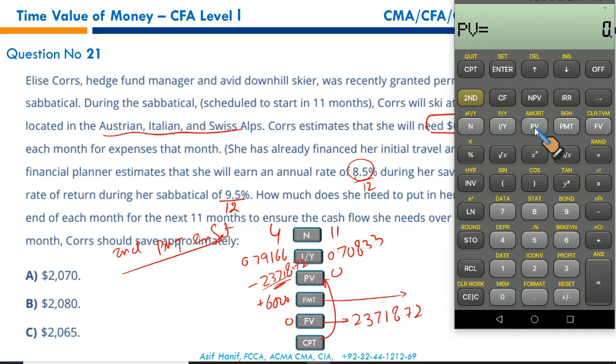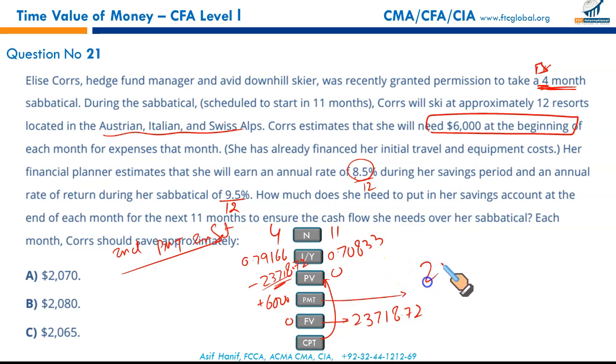Future value that she needs in the account in order to receive $6,000 every month at the start of each month, 23718.72. This is what she needs in the future in that account so as to receive $6,000 every month. So this basically represents your future value. What she must pay every month is 2080.95. This should be her payment every month.